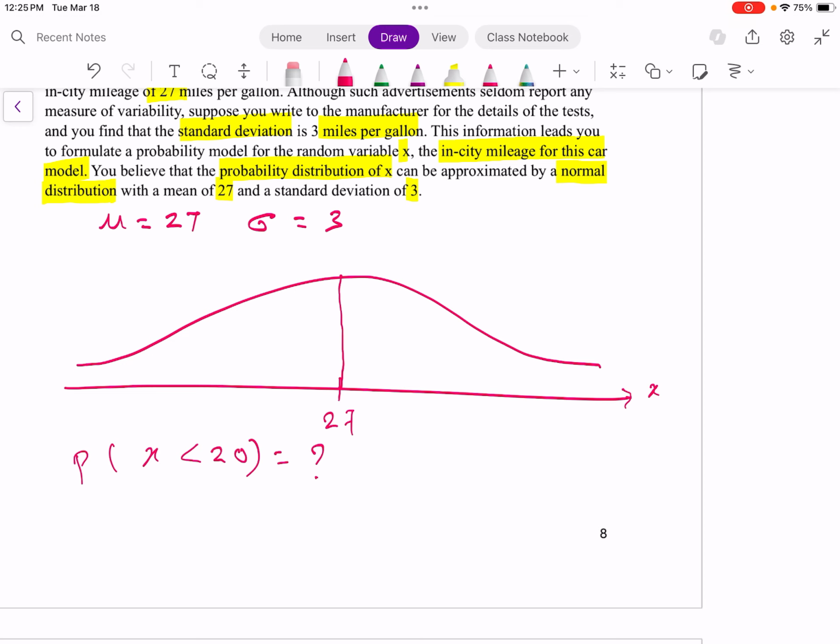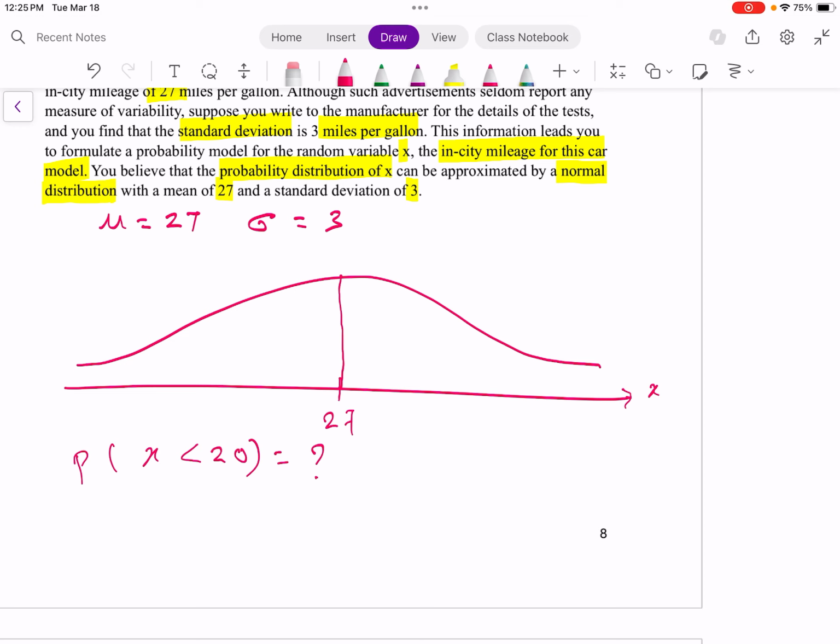Once you have set the area, you convert every x into z. Now you convert all these x values into z. You need to color it. Where is x less than 20? Yes, color it.